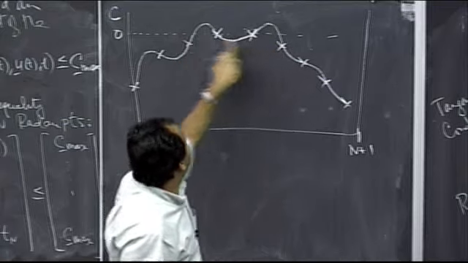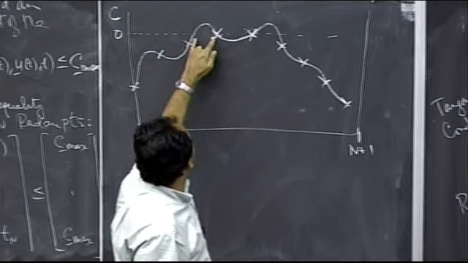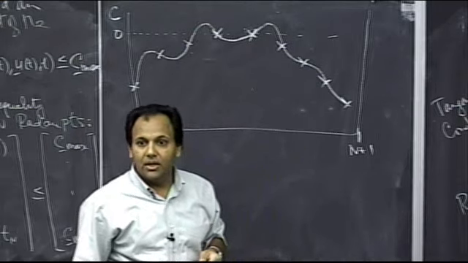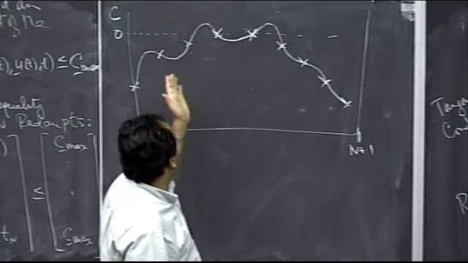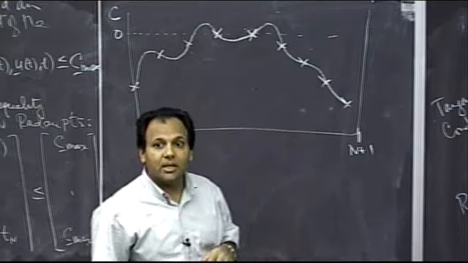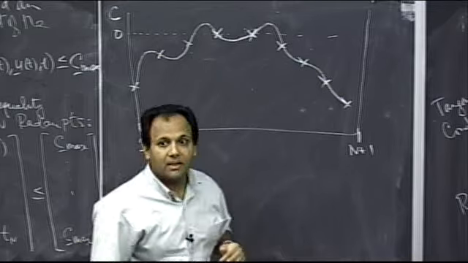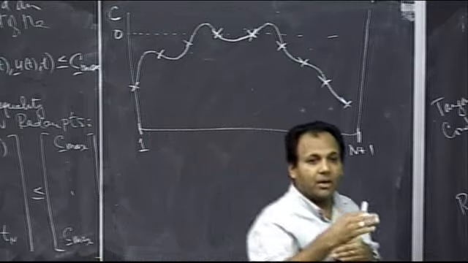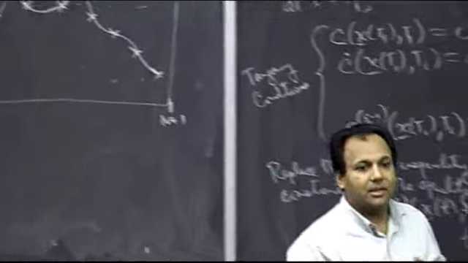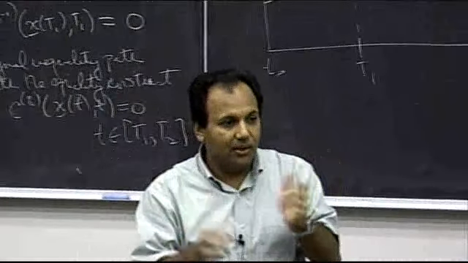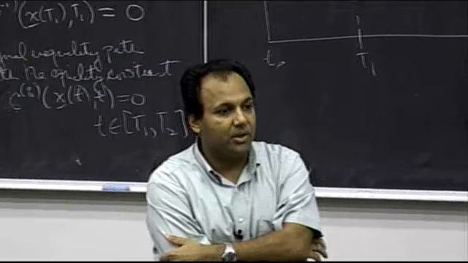Because I know that C has to be less than or equal to 0, but in these regions right here, my function approximation actually violates the constraint. So what I might do is increase the number of collocation points and solve it again, to see if I can reduce the discrepancy between what I know has to be true and what is actually true on the approximation. And when that comes within some tolerance, I say, okay, now my approximation is good enough.